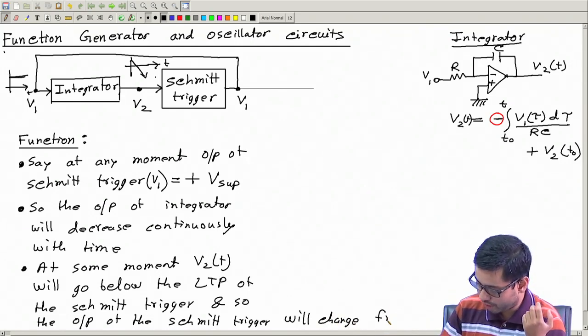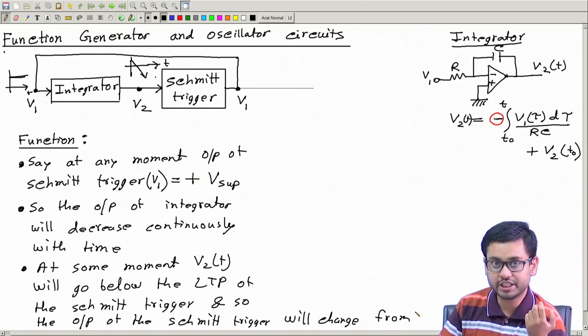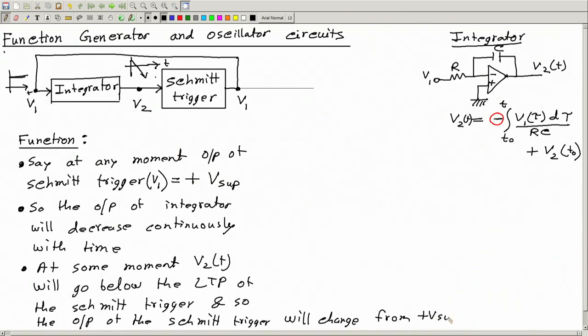We started with the assumption that this is positive, so it will change from plus V supply to minus V supply. It will become negative.